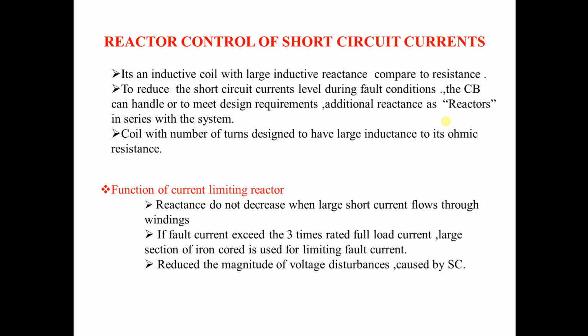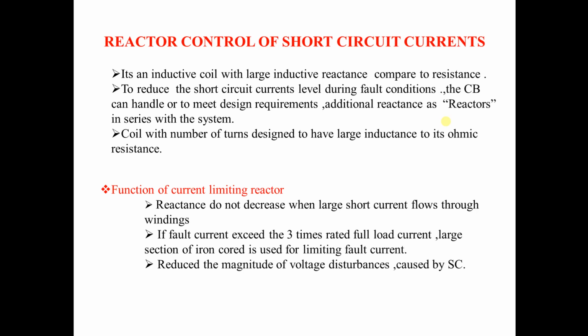Some of the advantages of using a reactor are that it limits the flow of short circuit current and protects the equipment from overheating as well as from failure. It also increases the chance of continuity of supply, and it permits the installation of circuit breakers of lower rating. The function of the current limiting reactor is that its value should not decrease when large short circuit current flows through the windings.